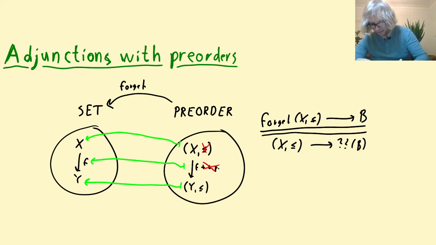So we're trying to find this something. Okay, so what is this? Well, this is just x. So here at the top, we just have functions from x to b.